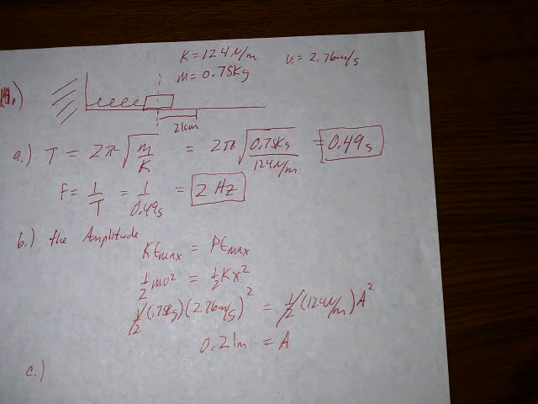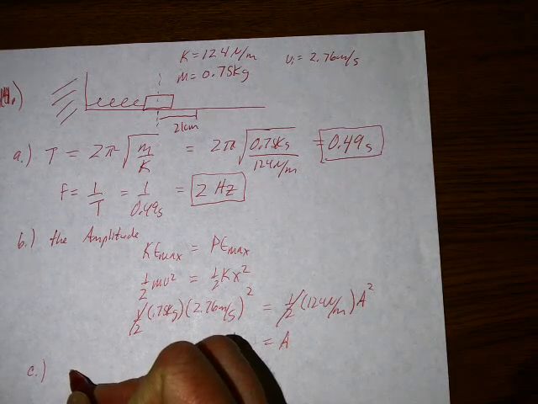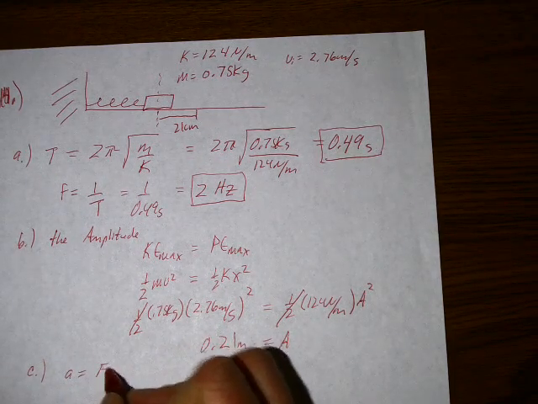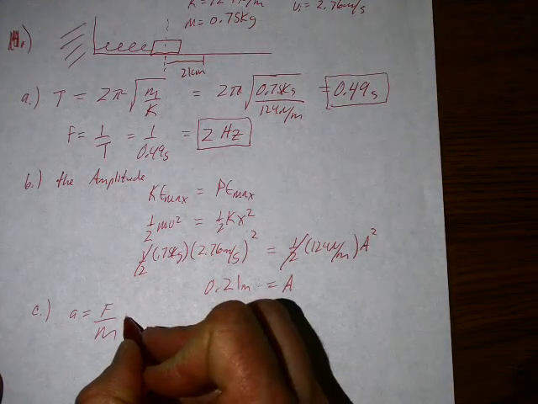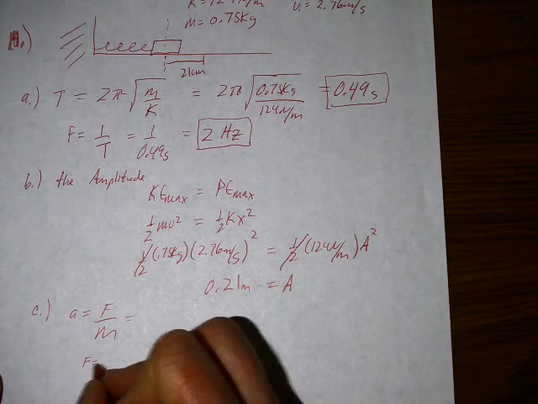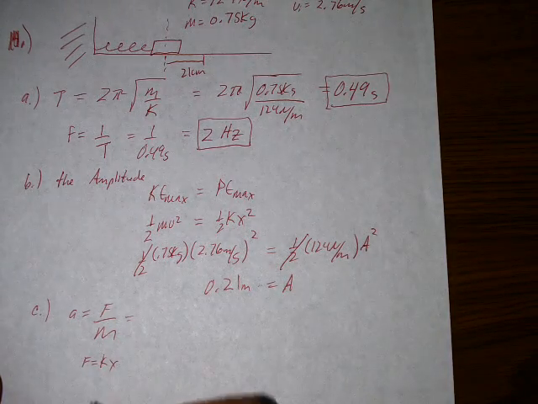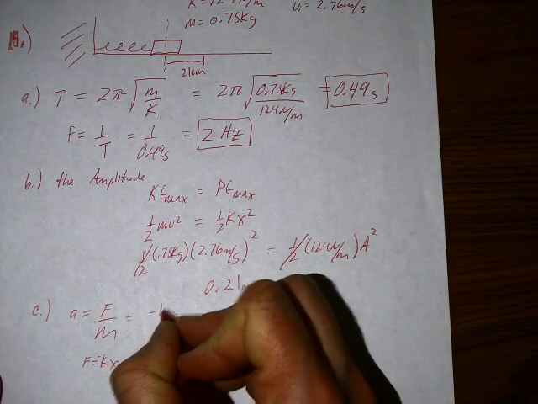This is the part that people usually freak out on and don't know how to find. But remember, the acceleration can be found with Newton's second law. And Newton's second law, the force here is the stretching force, negative kx, because it's always in the opposite direction, or almost always.